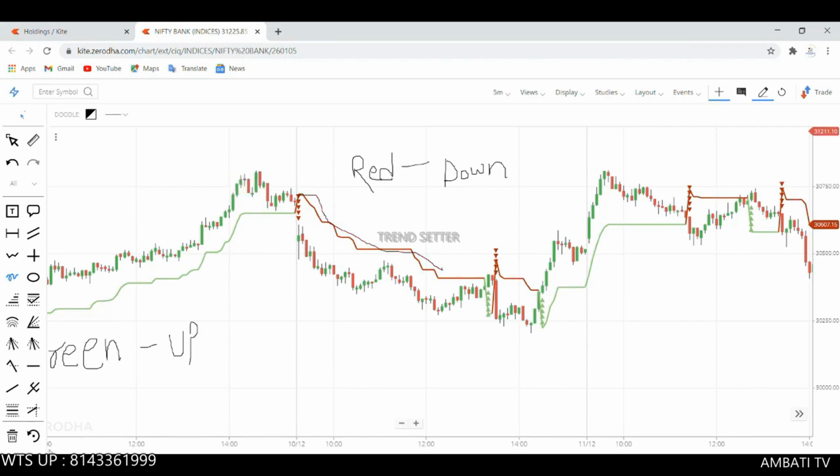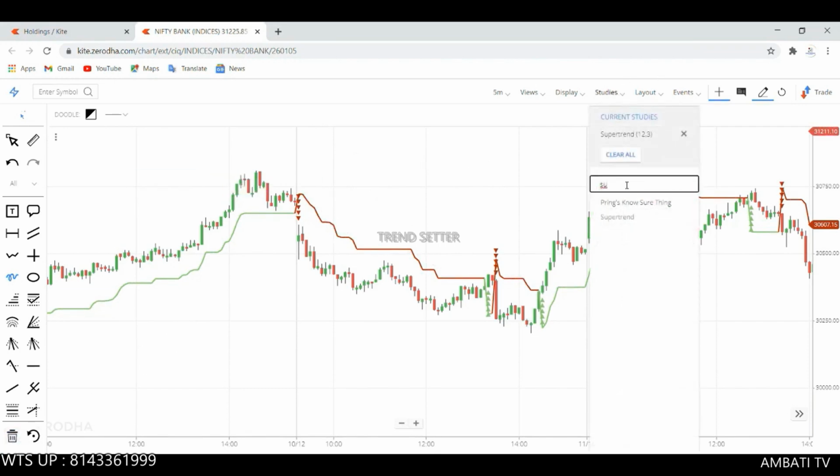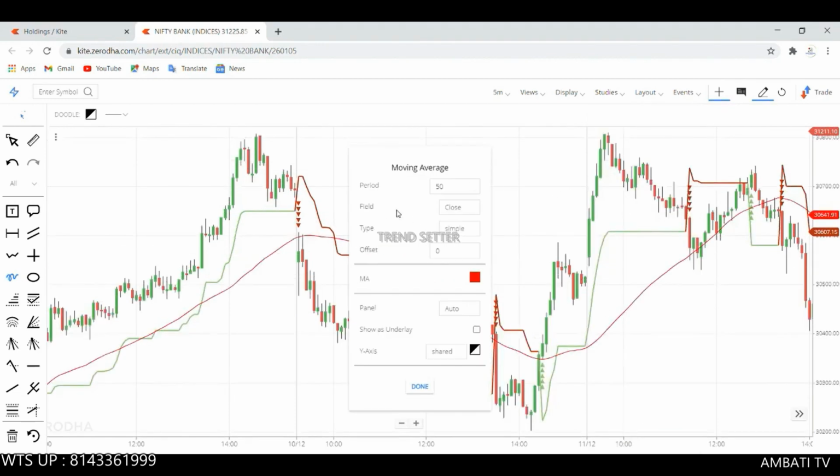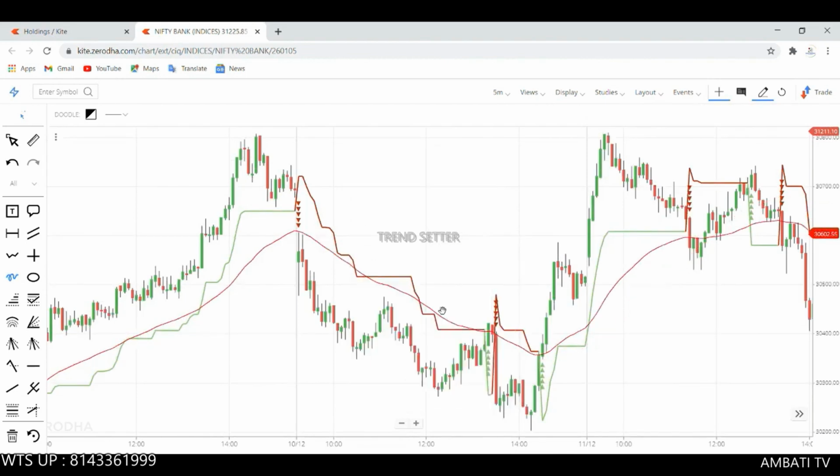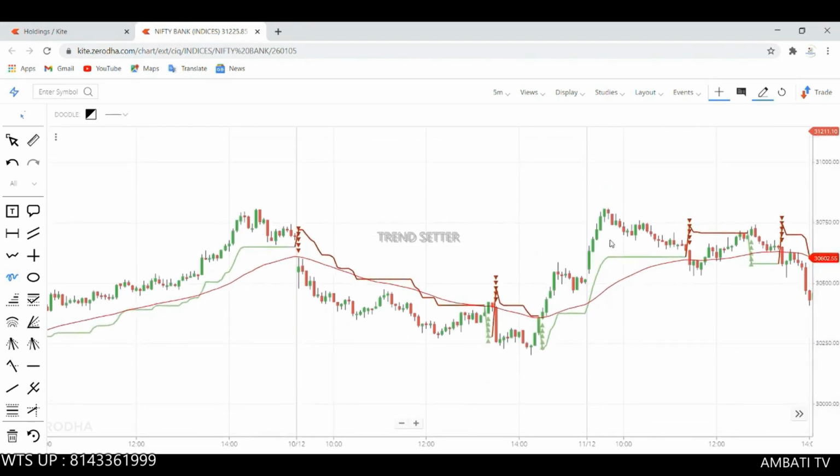Now we are going to combine the EMA, the moving average. I will type moving average, change the type to exponential, and click done.